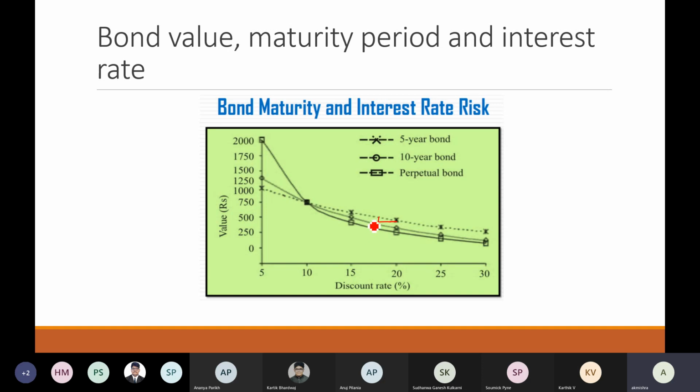When you compare with a 10-year bond and perpetual bond, the slope is higher as compared to your 5-year bond. So that tells you the influence of bond maturity on value of the bond or intrinsic value of the bond. So it's not only interest rate. Your bond is not only sensitive to the interest rate. It is also sensitive to your bond maturity.